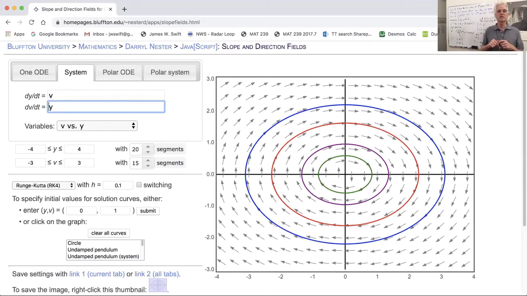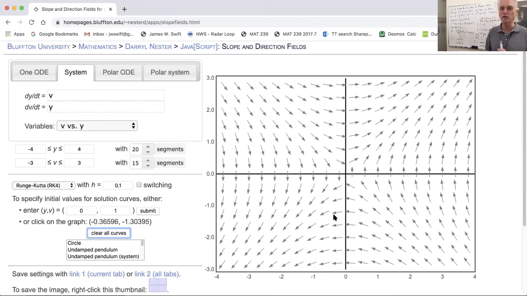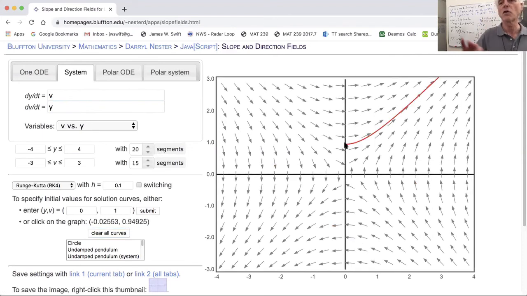And we can get that in something like this. dy dt is v. The derivative dv dt, the acceleration, or y double prime, is plus y. And then let's clear all these curves. All right, so this is what the phase plane looks like. If I start with 0 position, positive velocity, I'll just go moving to the right. And if I start with positive position, 0 velocity, again, I start moving to the right.